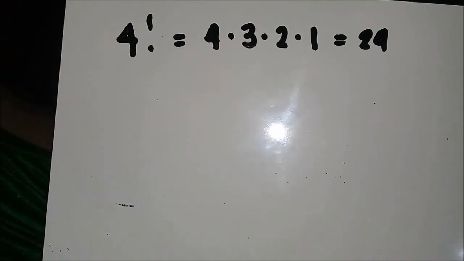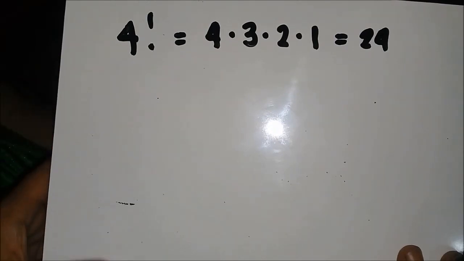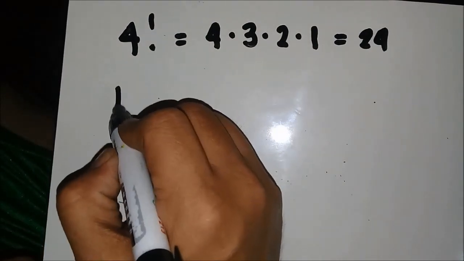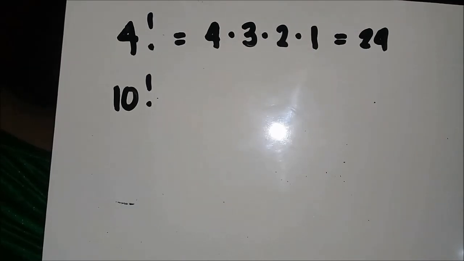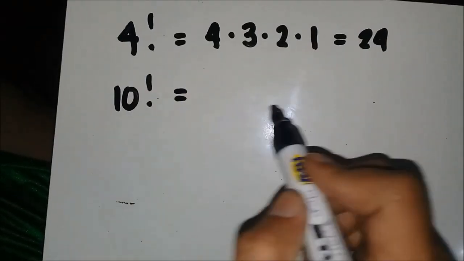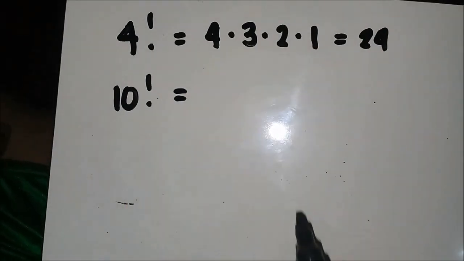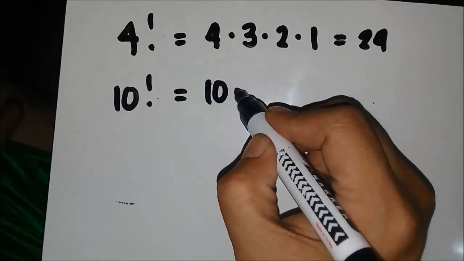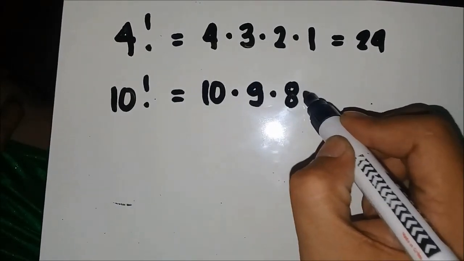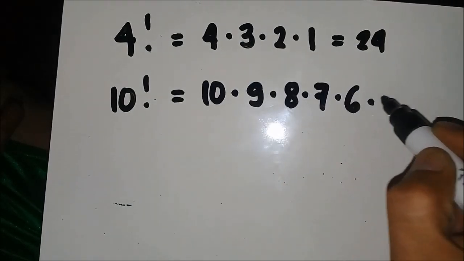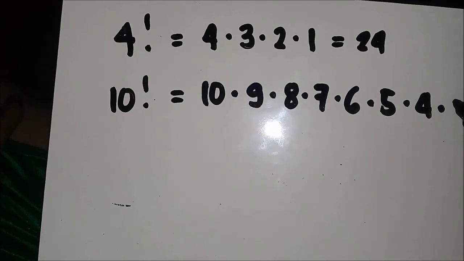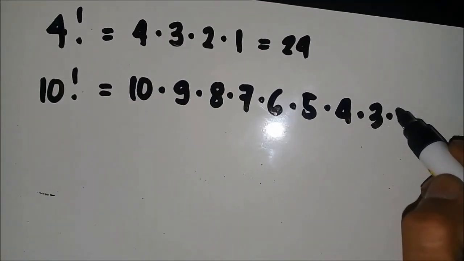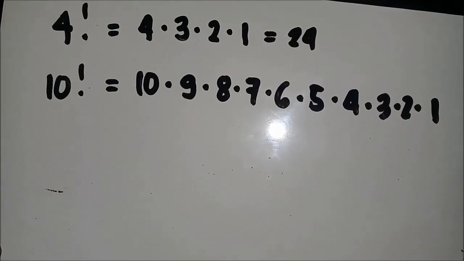Let's have another example. For more clarity, if we have 10 factorial, all we have to do is multiply all the whole numbers from n up to 1, the product of all positive integers less than or equal to n. This will be 10 times 9 times 8 times 7 times 6 times 5 times 4 times 3 times 2 times 1.